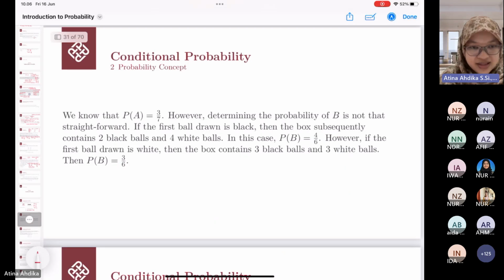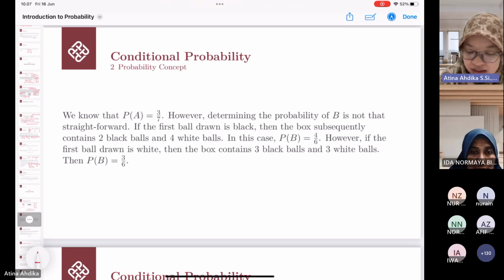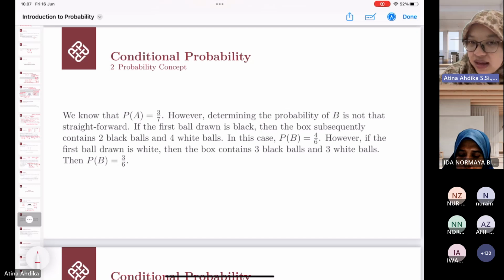This is the basic concept of conditional probability. In this explanation, if the first ball drawn is black, the box consequently contains 2 black balls and 4 white balls. So in this case, the probability of B is equal to 4/6.